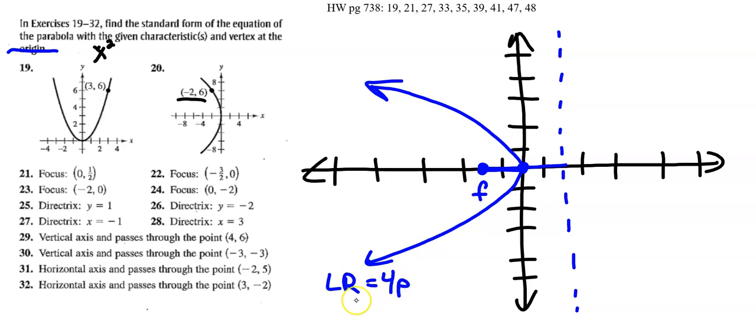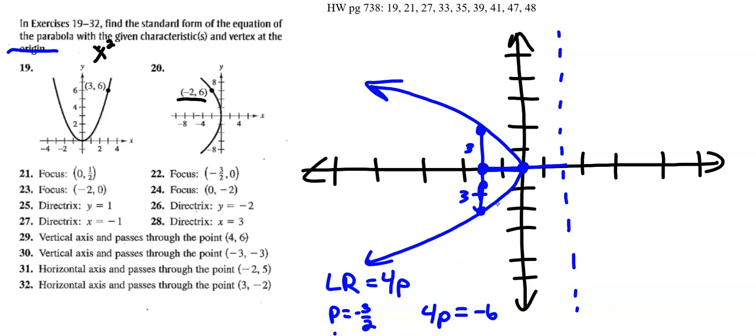So if p equals -3/2, then 4 times p must equal -6. So this distance right here must be a +6. We're talking about distance, absolute value. So it's above 3 and below 3 right there, a total of 6.